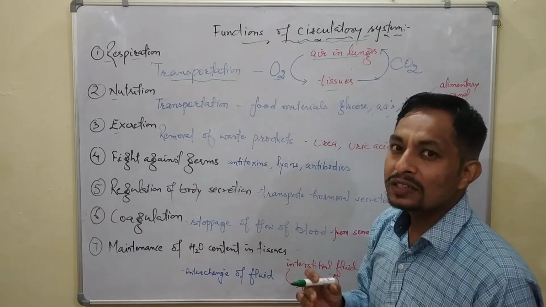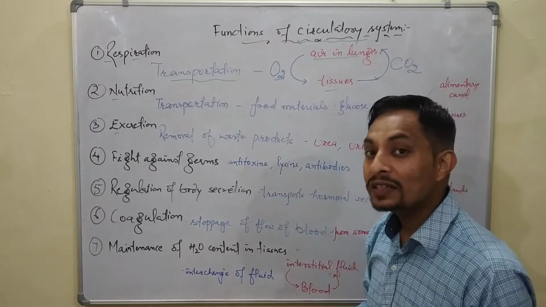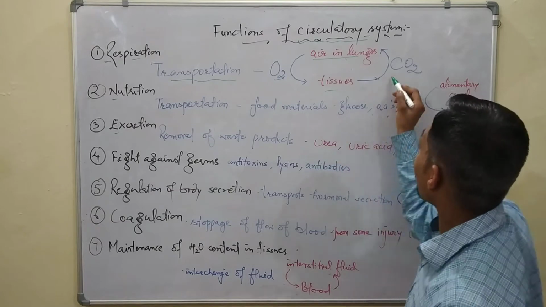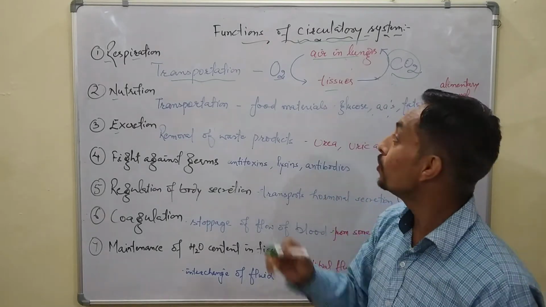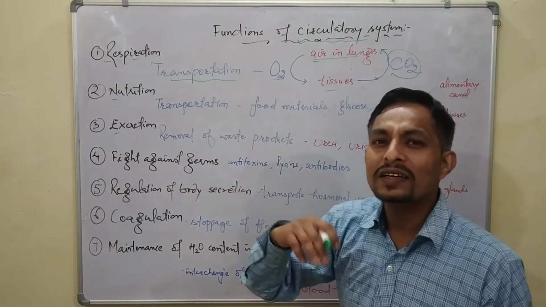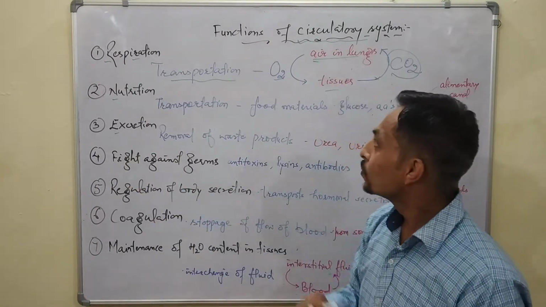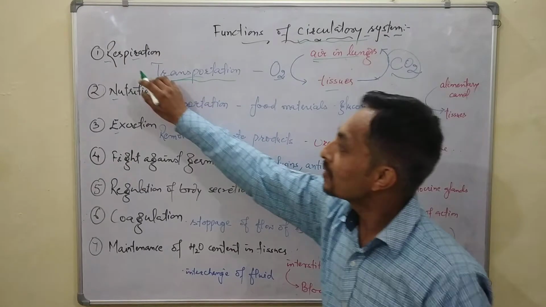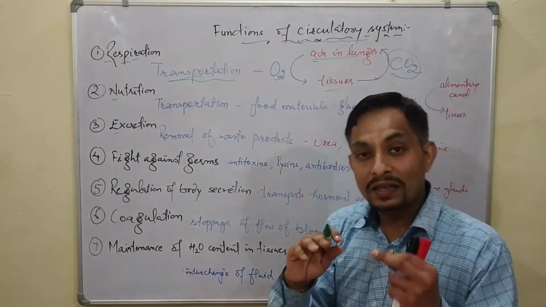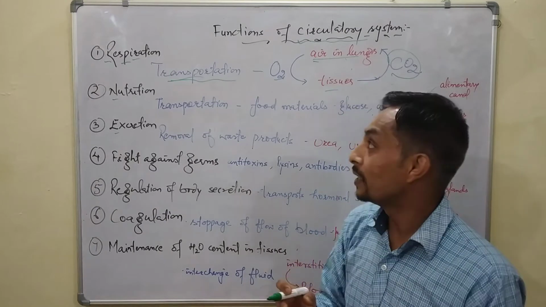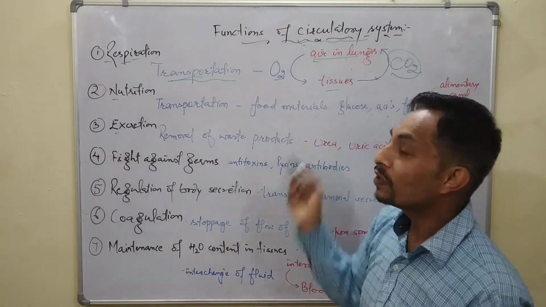So that's why you can say that this is a function of the circulatory system itself. And the carbon dioxide, on the other hand, from the tissues is transported to the air in the lungs and then eliminated outside. So ultimately, the gas transport in the process of respiration takes place with the help of the circulatory system.